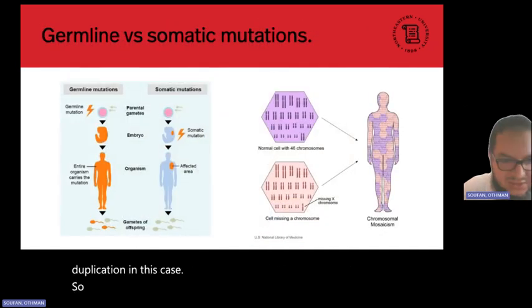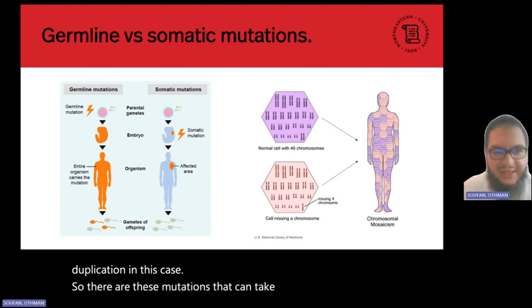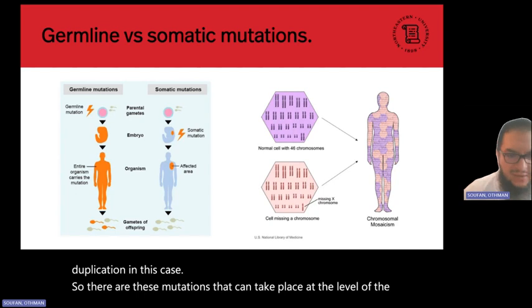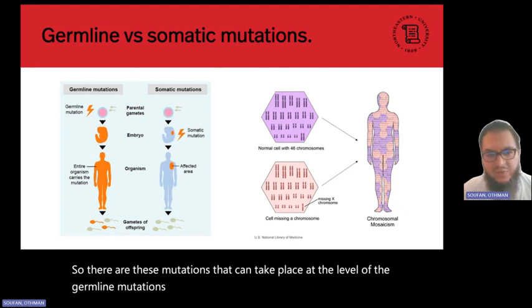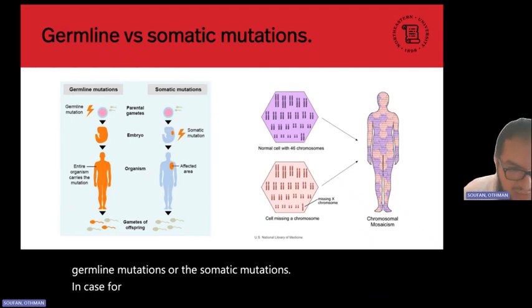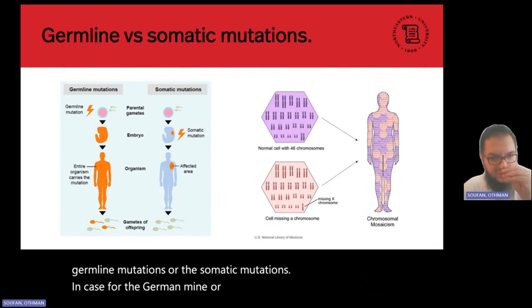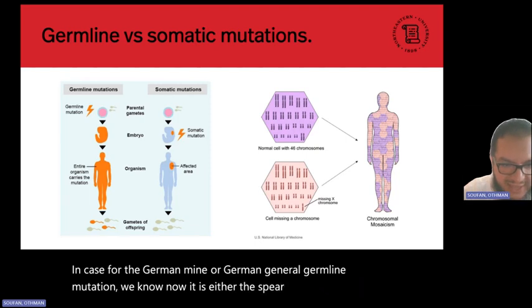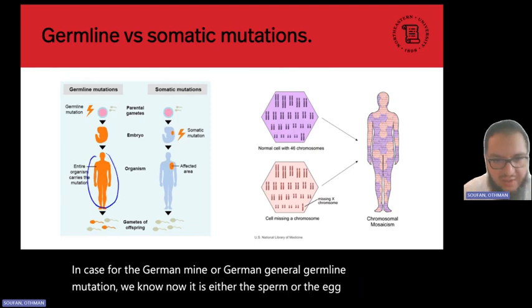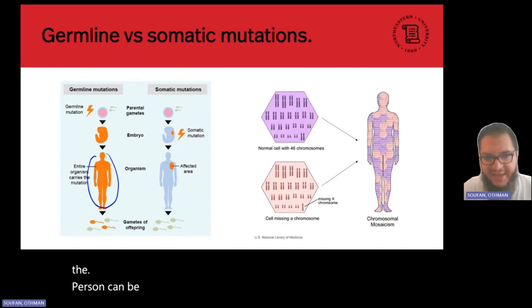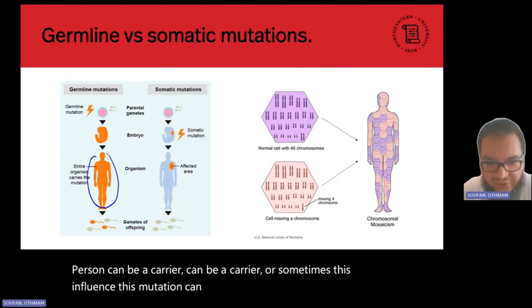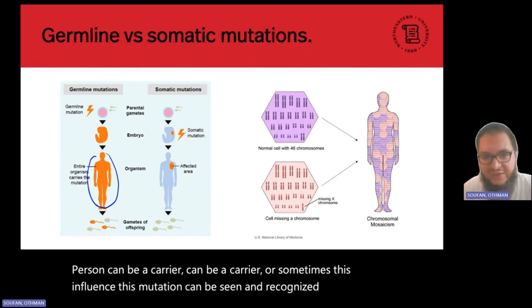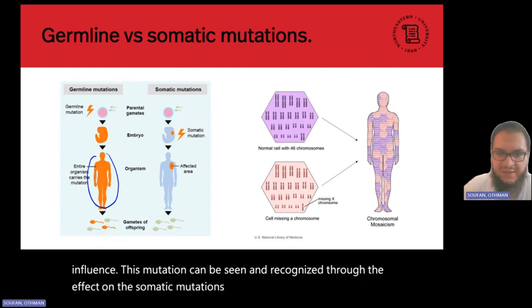So there are these mutations that can take place at the level of the germline mutations or the somatic mutations. In the case of germline mutation, we know now it is either the sperm or the egg, and so the person can be a carrier, or sometimes this mutation can be seen and recognized through the effect on the somatic mutations on our cells.